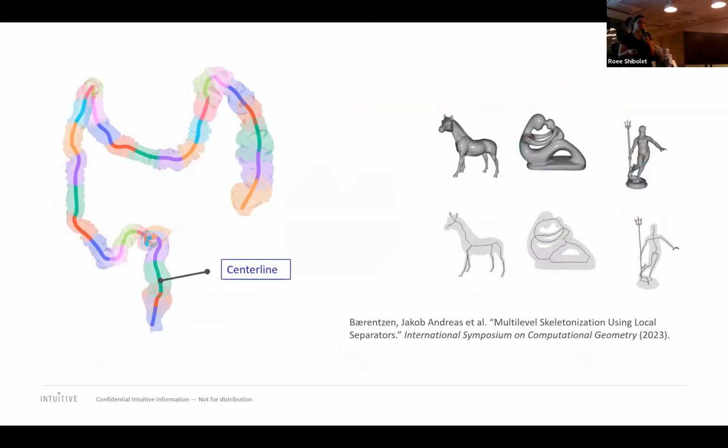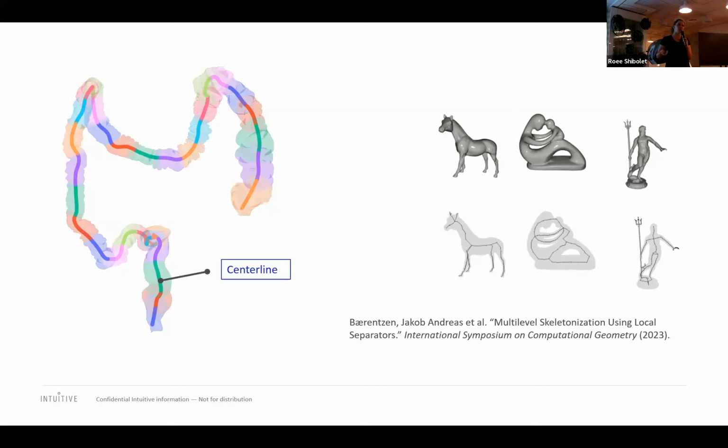This brings us to the notion of the center line. The center line is a single line that spans the colon, and that is roughly at the center of it, as illustrated in this image. It's very closely related to the notion of a skeleton of a shape.